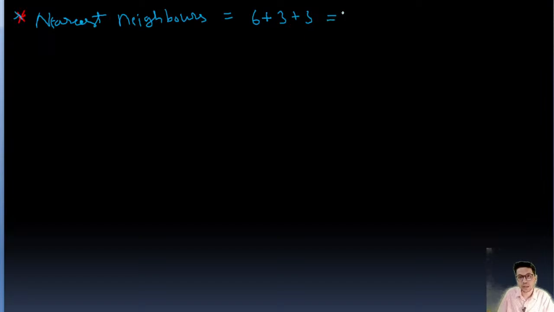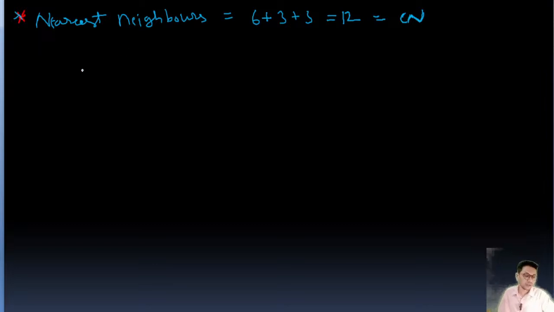Nearest neighbors are 12. That is the coordination number for the hexagonal closed pack structure, 12. Coordination number, we can write CN, is the number of nearest neighbors.